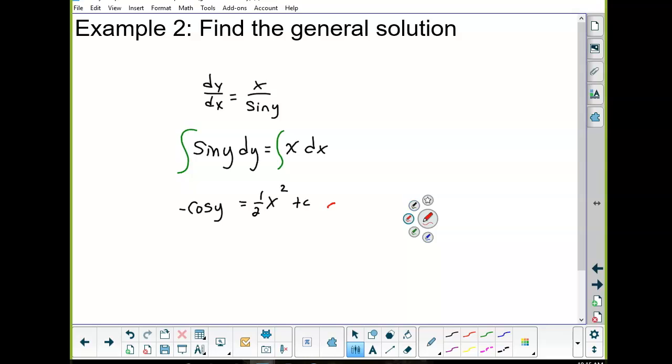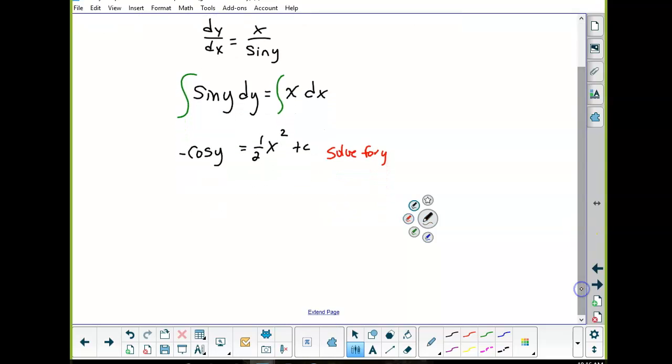So now we got to solve for y, which means I first have to take care of that negative. And again, the negative is kind of absorbed into that c. And then the last step is I need to get rid of the cosine. You can't just divide by cosine because that would bring the y with it.